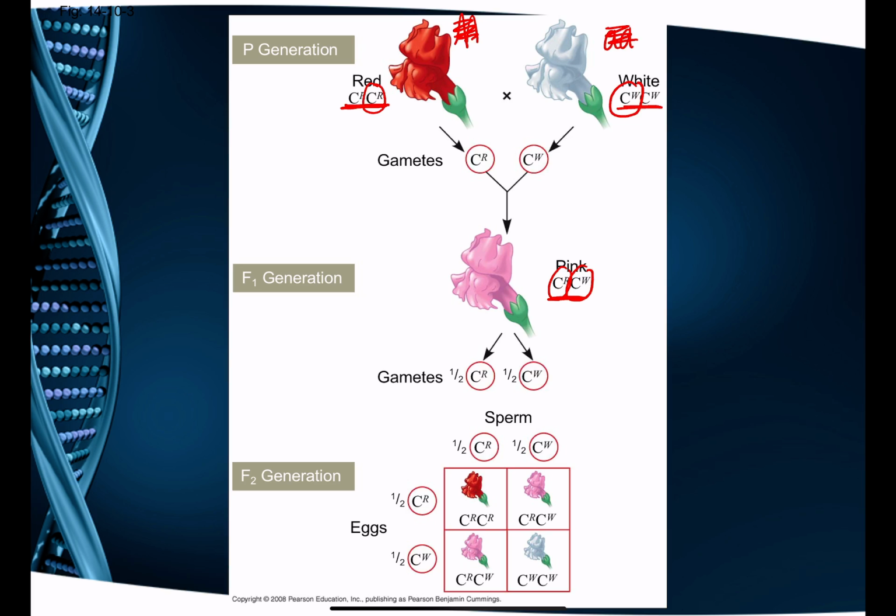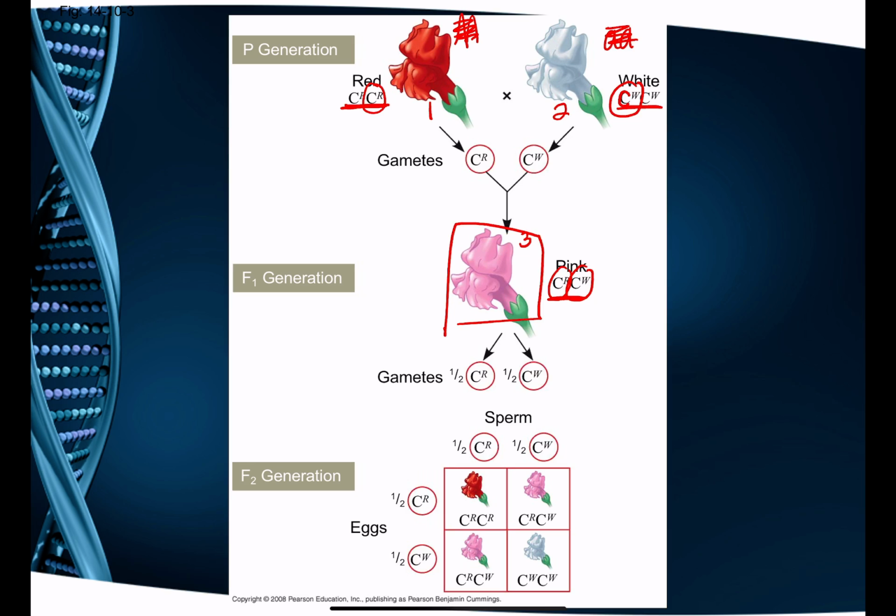So this is just like they've done here, C, I assume, for color. So it's color white and color red. And those R and W are both capitalized because neither one is more dominant than the other. And so we have three phenotypes.